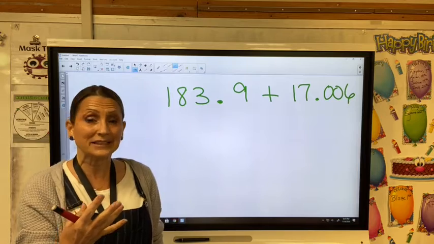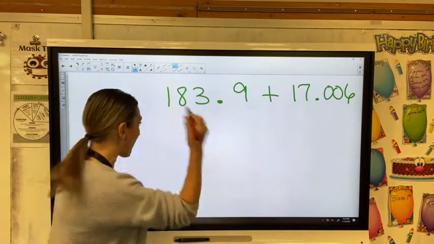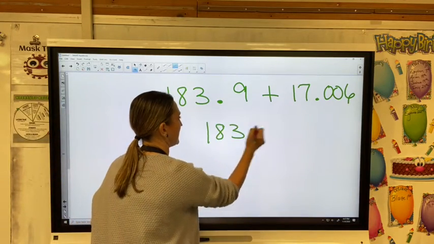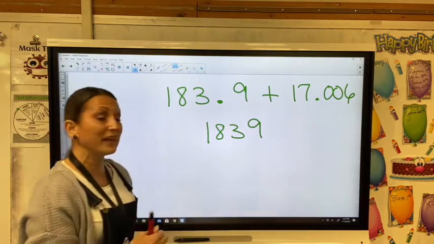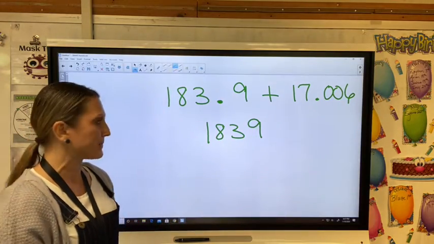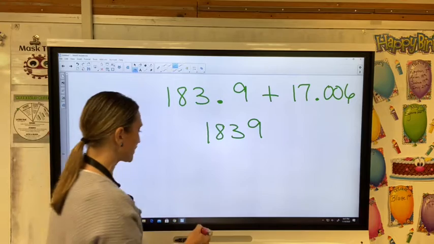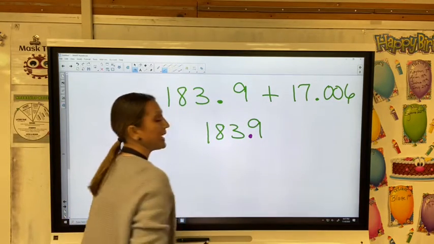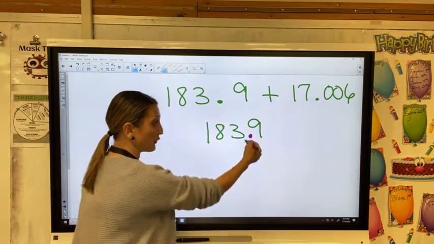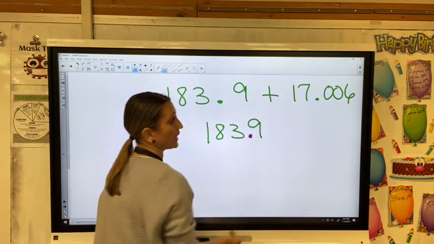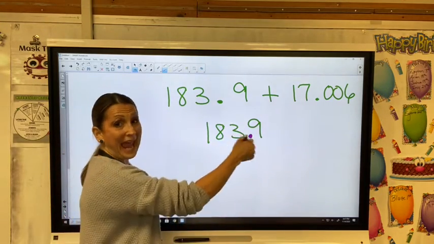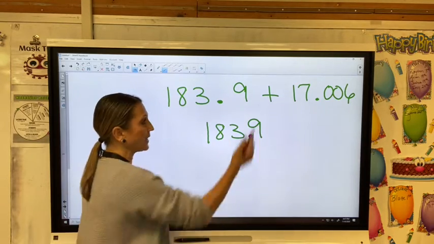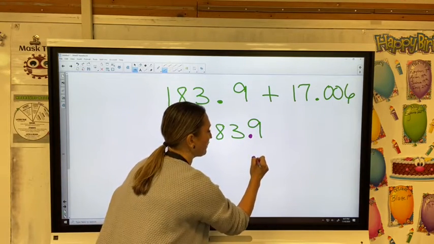What a lot of kids like to do is just start writing your numbers, 1, 8, 3, 9, and then line up the other numbers with it. But you want to make sure, sixth graders, that you have that decimal in place. So my decimal is in front of my 9 here. I'm now going to put my 17 and 6 thousandths there. But I'm always going to place the decimal.